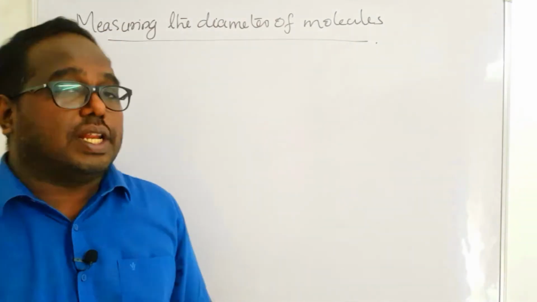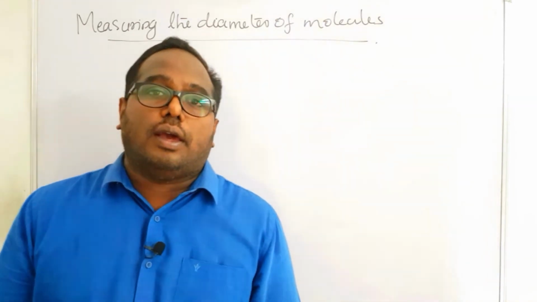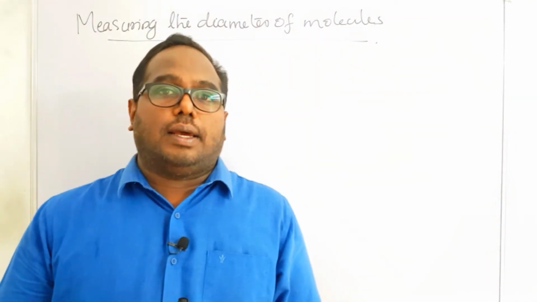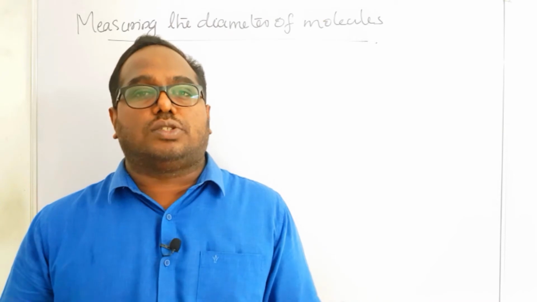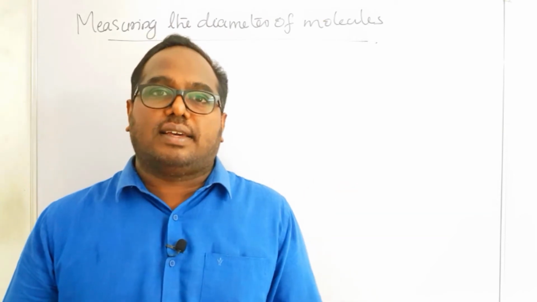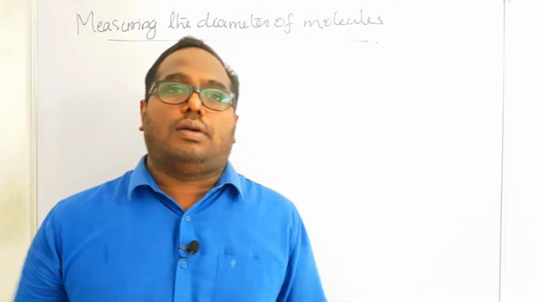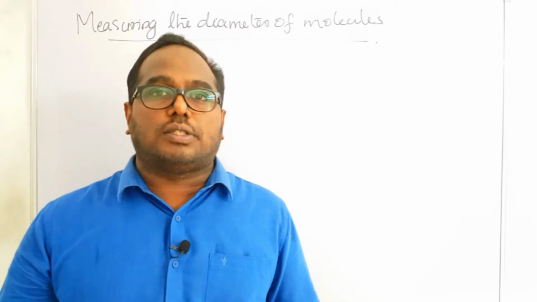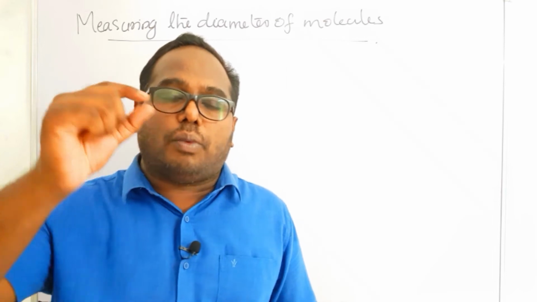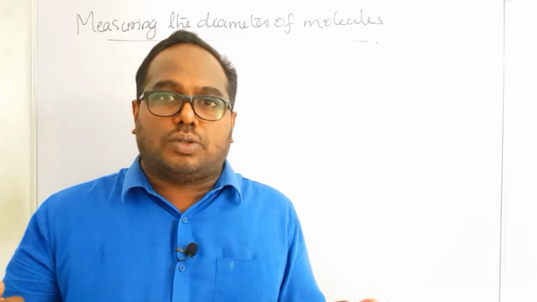Next is measuring the diameter of a molecule. Okay, we have studied that measuring very long distance, that is distance between a near star and Earth, we used the parallax method. Now how can we measure very small distance? Very small distance means the diameter of a molecule, right? We cannot reach those 2 points.